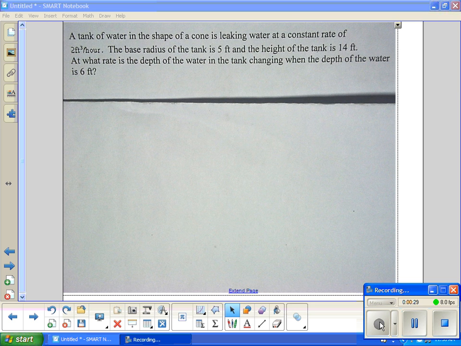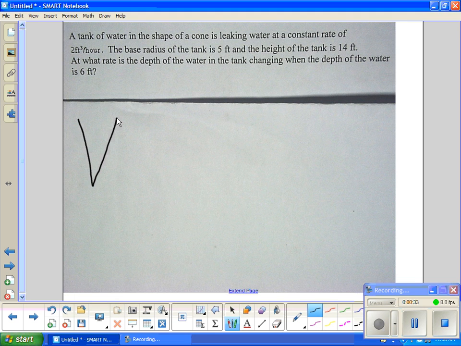So the first thing we're going to do is draw a diagram of our problem. The radius is 5. The height of the water is 6 feet.